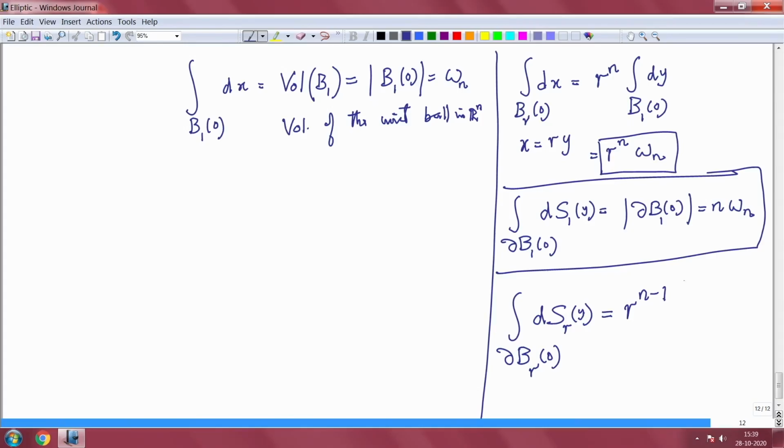So, the surface element on the ball of radius r is r power n minus 1 times the surface measure of the unit ball boundary. So, the surface measure of the ball of radius r is r power n minus 1 into the surface measure of the unit ball.